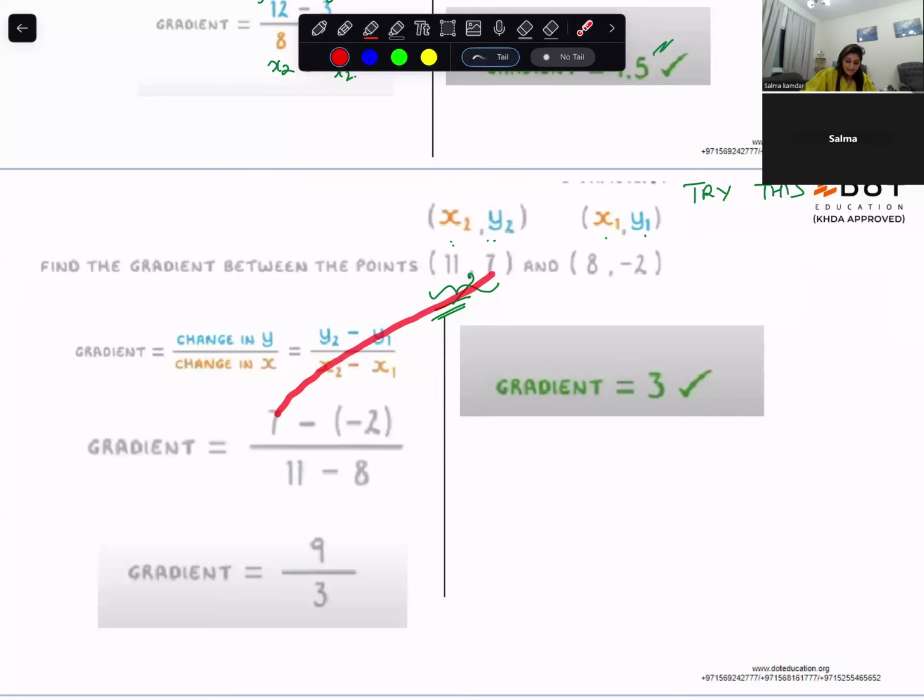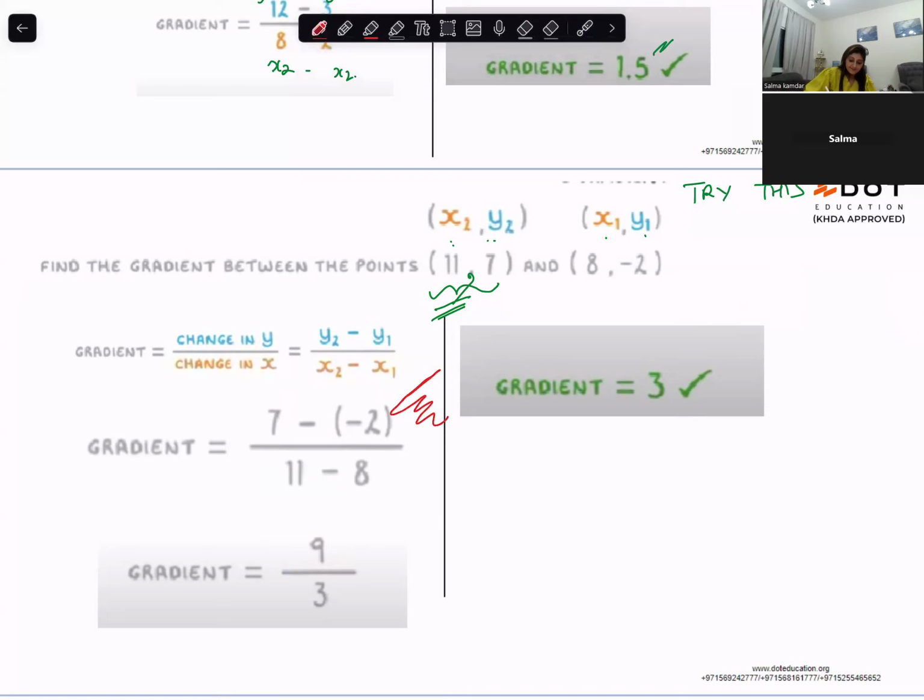y2 is 7 minus y1 is minus 2. Do not forget to put this in brackets. It is very important that you put this in brackets. So y2 minus y1 over x2. What is x2? 11 minus x1. x1 is 8.